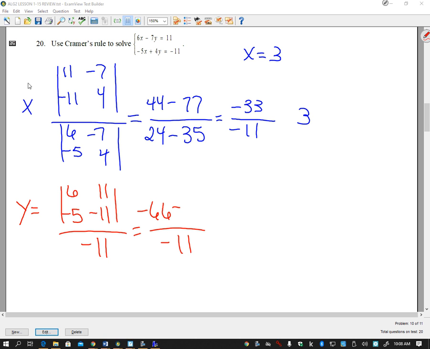Good. Negative 66 minus negative 5 times 11. Negative 55. Okay, so we got negative 66, effectively plus 55, which is negative 11. Negative 11 divided by negative 11 is 1. So y equals 1. Is that the answer?